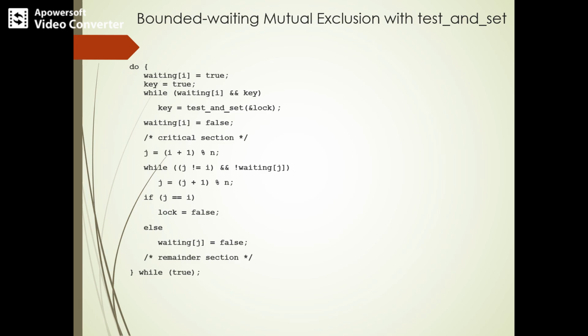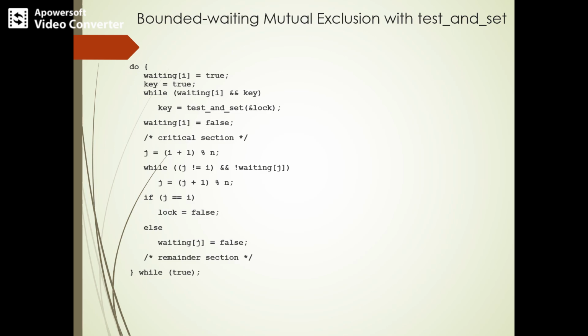So here they have implemented a bounded waiting mutual exclusion, wherein first waiting of I is set to true. This means that waiting of I is true or key is true means the same. It means the key is set for the process Pi, that is, process Pi has to wait.